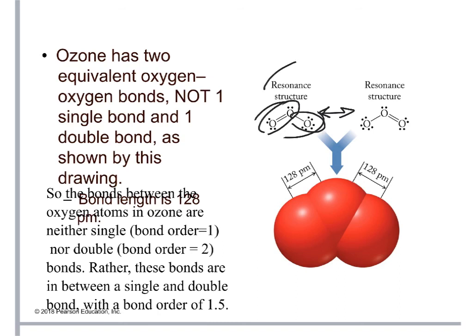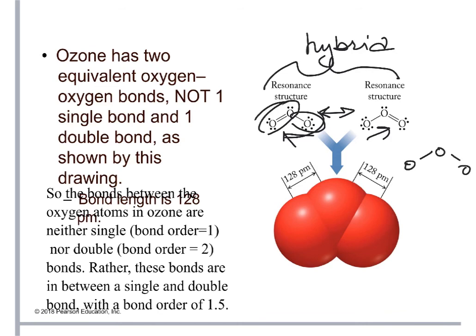So the actual structure of ozone is a hybrid, okay? It's a mix. So this double bond does not go back and forth between two oxygens and then another two. It lives its life somewhere in between. And how chemists tend to show that is with a dotted line.